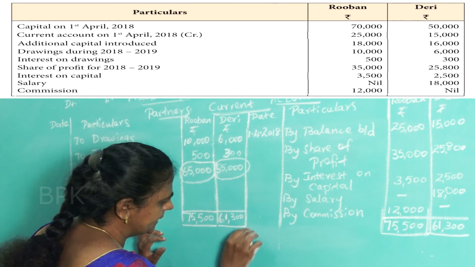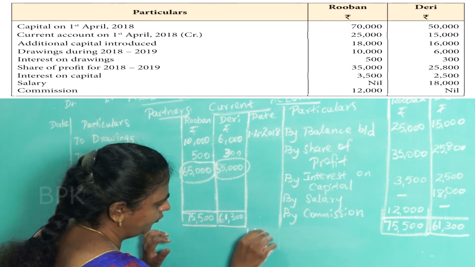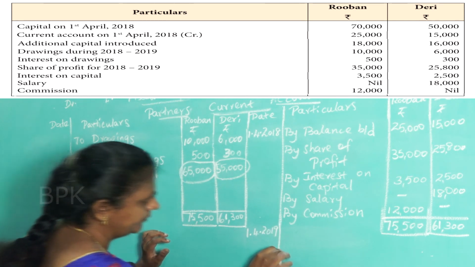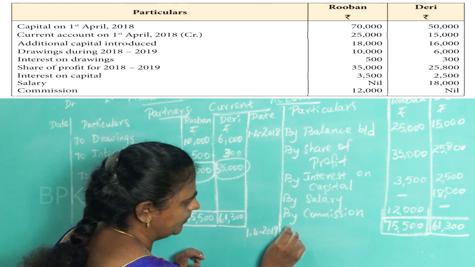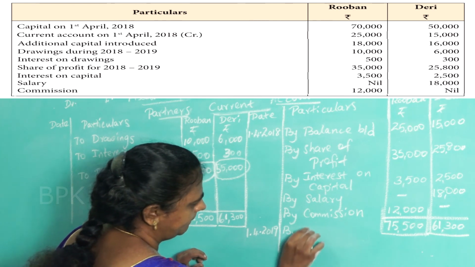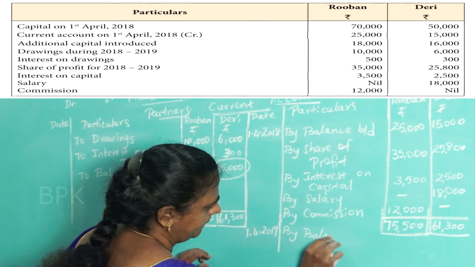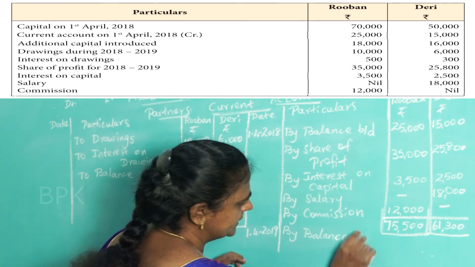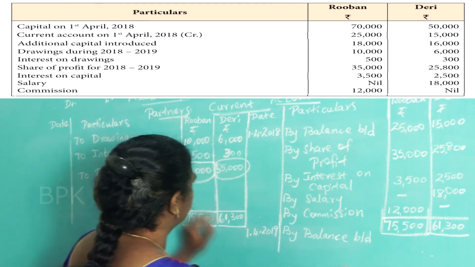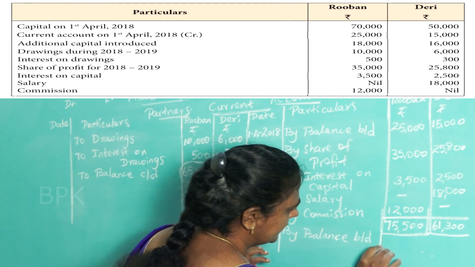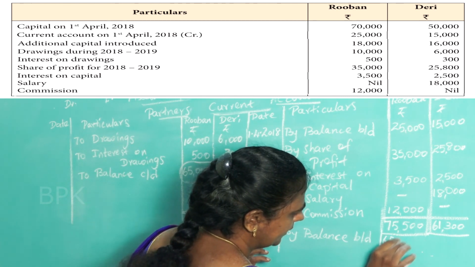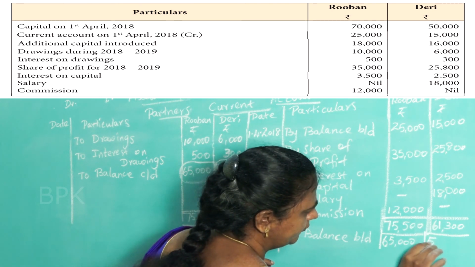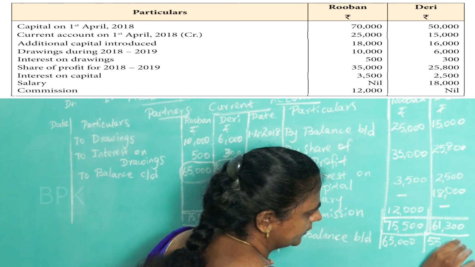So when you are bringing it down, 1/4/2019. Okay, so right here by balance brought down. So what is the brought down balance? 65,000 and 55,000.